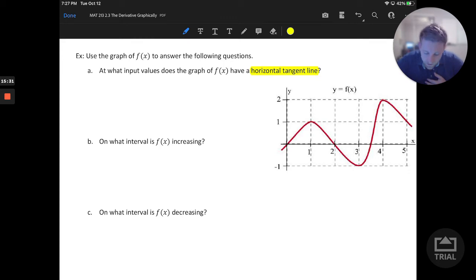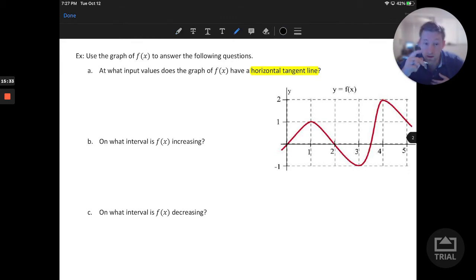If I consider a horizontal tangent line, that would be a point at which we have a peak or a valley in this graph. One of those is just at the point 1. Notice that has a horizontal tangent line that only touches that point and glances off.